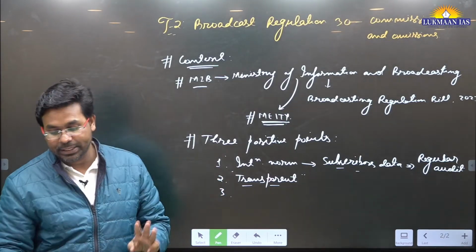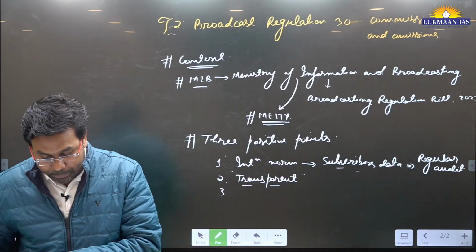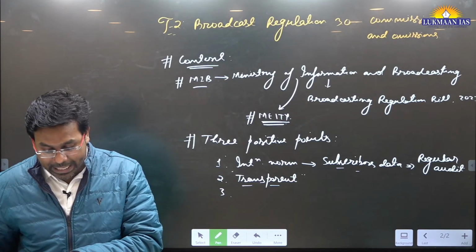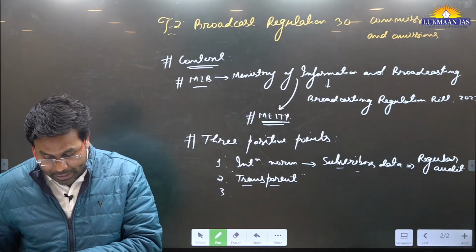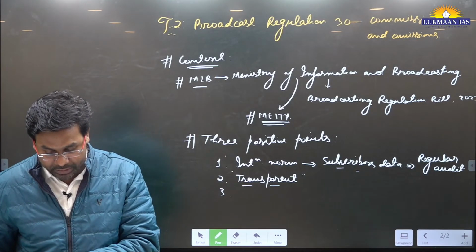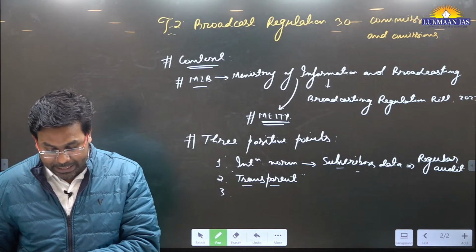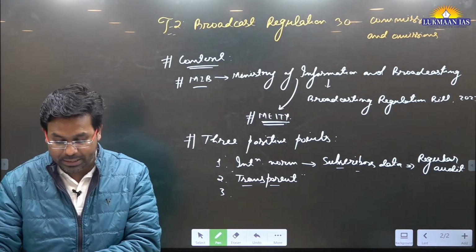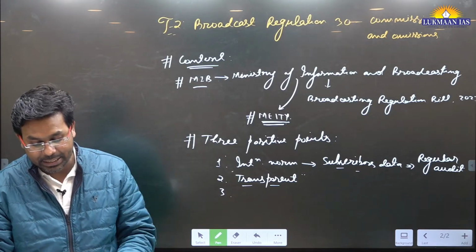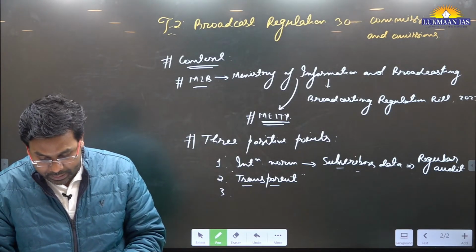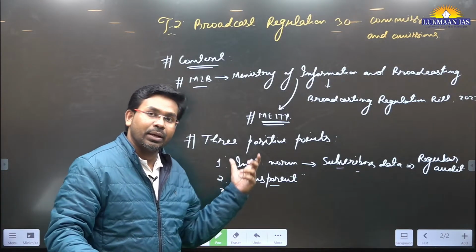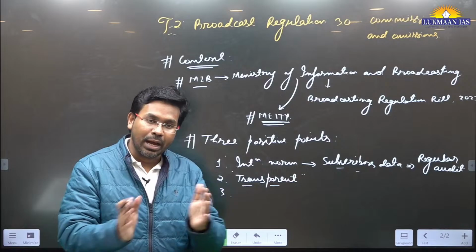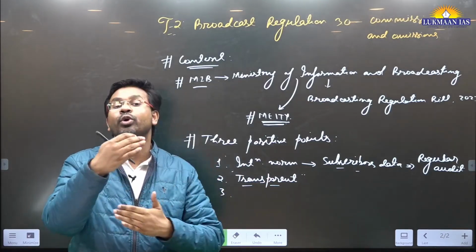The third positive development, the author says, is that the provision to permit private actors in terrestrial broadcasting will encourage competition to Doordarshan, the state broadcaster, as in many G20 countries. Back in 2016, TRAI had initiated consultation on this. So the author says that with this bill there will be more competition among private players.